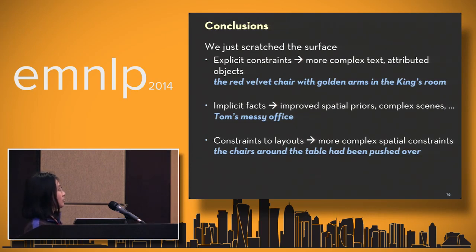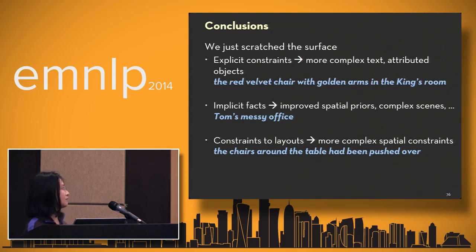For instance, if you have a sentence like the red velvet chair with golden arms in the king's room, how would you interpret that, and how would you find the appropriate object? And we've had an initial start at some kinds of implicit facts we can infer, but again, there's much more, like improved spatial priors and complicated things.